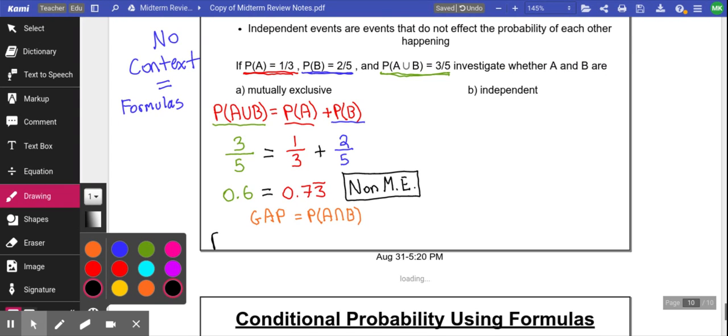We could say the probability of A and B equals 0.73 repeated minus 0.6, which means the probability of A and B equals 0.13 repeated.